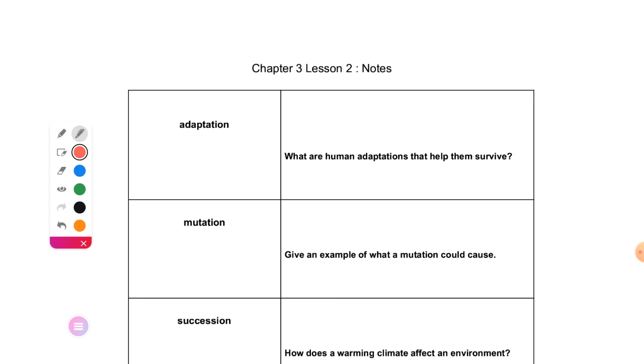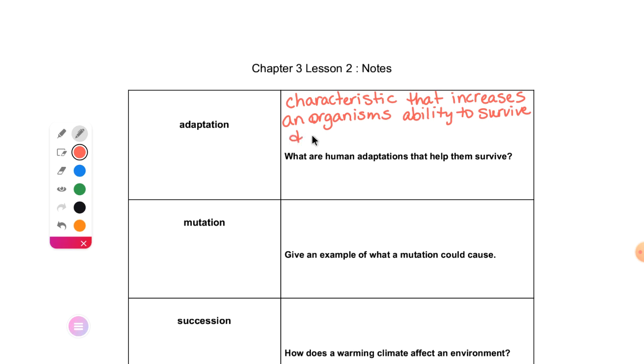So an adaptation is a characteristic that increases an organism's ability to survive and reproduce in its environment.